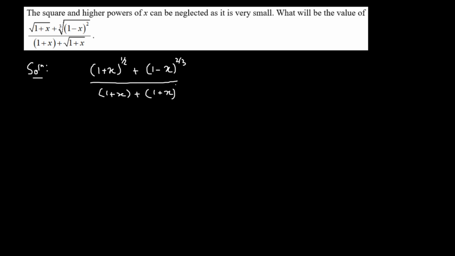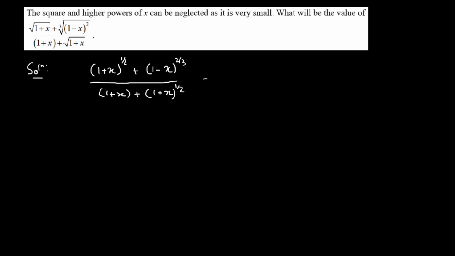So we have another expression. Again, we have to ignore the squares and the higher powers of x. So let us begin. First we will remove all the radicals. So square root of 1 plus x can be written as 1 plus x raised to the power of half, plus 1 minus x squared raised to the power of 1/3, so that would be simply 2/3, divided by 1 plus x plus 1 plus x raised to the power half.